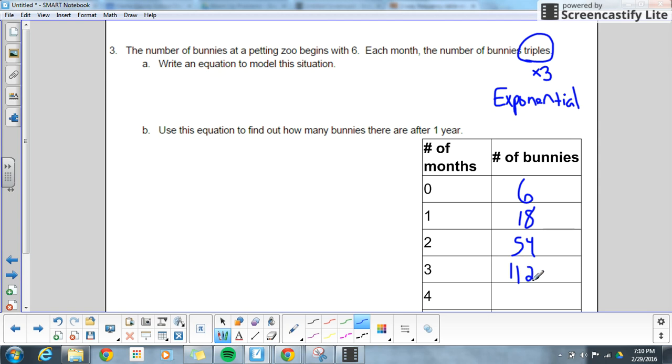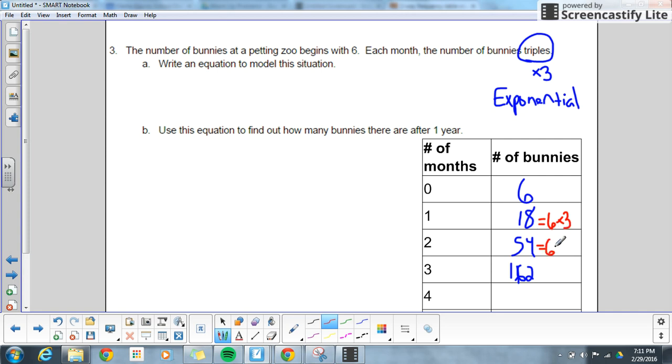All right, so let's see if we can structure this. I'm sorry, that is 162. Let's correct that. So we got 18 by taking 6 times 3. Well, how did we get 54? We multiplied 18 times 3, but remember 18 times 3 was just 6 times 3.